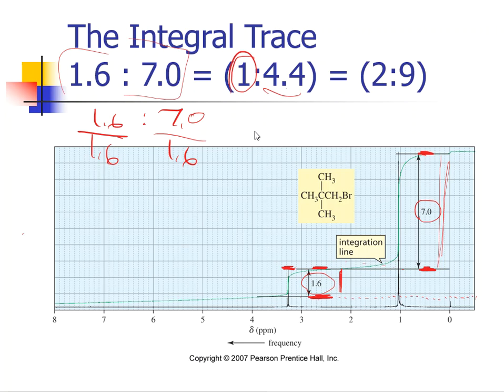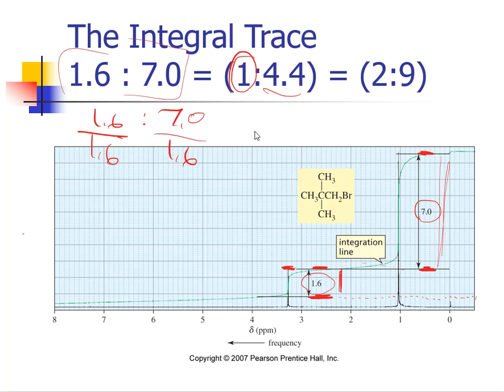So the object here is to look at proton numbers. That's what HNMR is going to provide us. It is integration, it is area; the higher the area, the higher the proton numbers, and we want to compare these two areas to each other in terms of a ratio and proportion. But we can't have 4.4 hydrogens. That doesn't make sense.